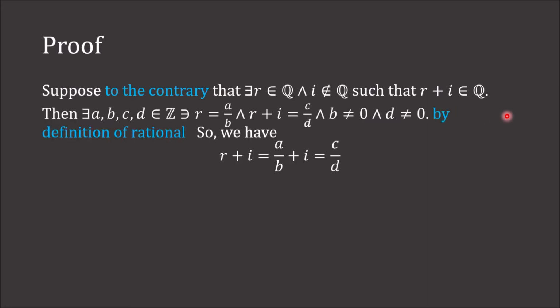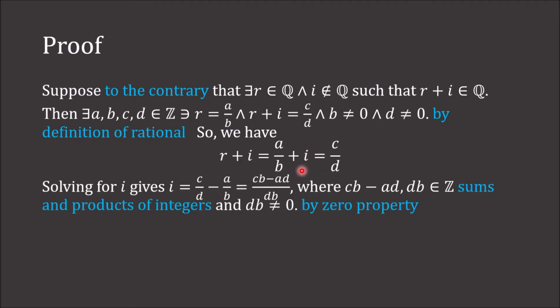Well then, there must be integers a, b, c, and d, such that r is a over b, and r plus i is c over d, where b is not 0 and d is not 0. This is by definition of rational numbers. So what we have is r plus i, which is a over b plus i, which is c over d.